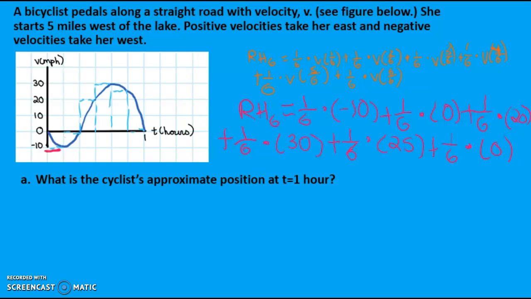So when you see that, the right-hand 6 equals negative 1.66 plus 0, plus 3.33, plus 5, plus 4.16, plus 0.